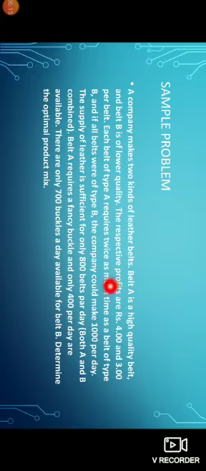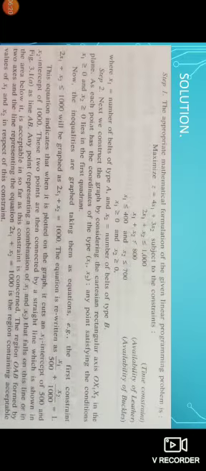Okay, profit rupees 4 and 3, this is 4x1 plus 3x2. Subject to the constraints: 2x1 plus x2 less than or equal to 1000, and second constraint x1 plus x2 less than or equal to 800.